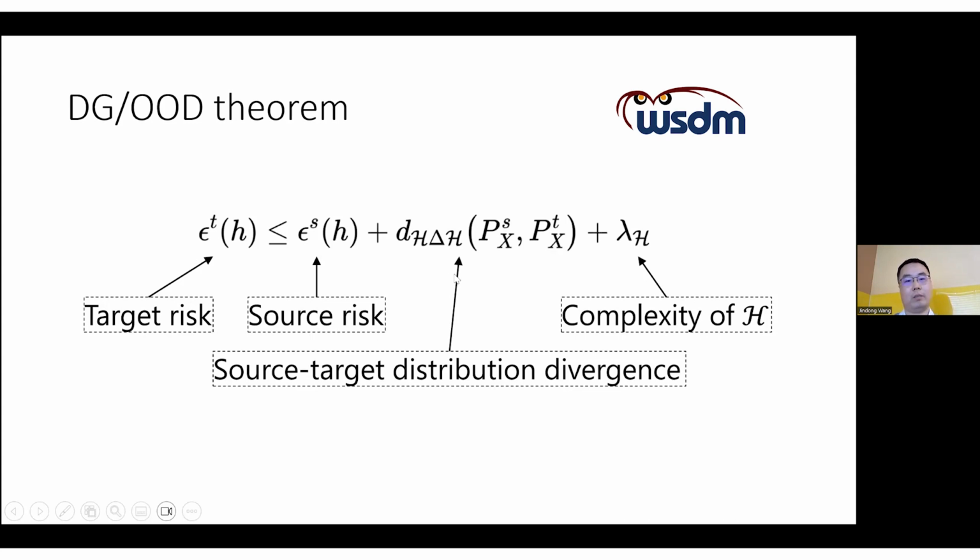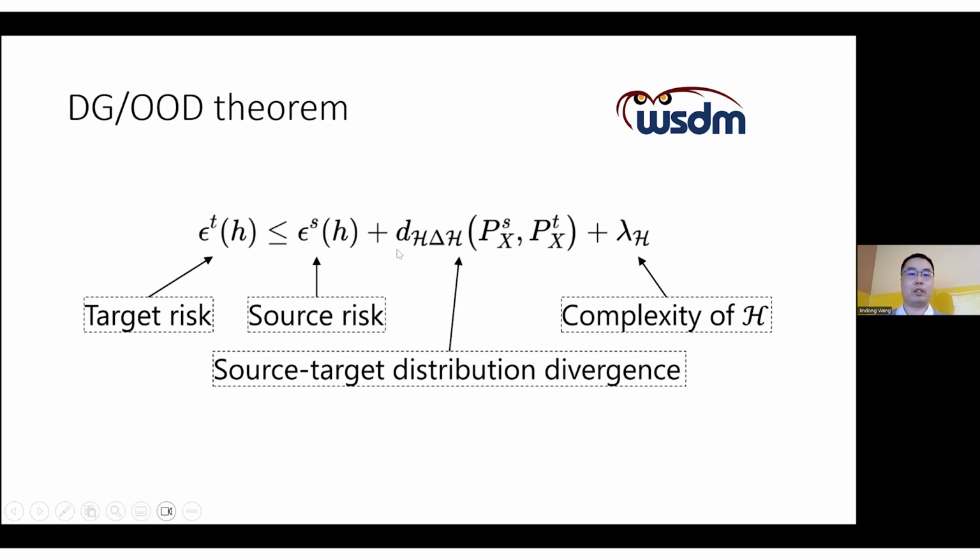The second term, and perhaps the most important term in previous literature, is the source-target distribution divergence, which maybe 99% of the papers are trying to solve. The last term is also largely ignored in recent works. It's called the complexity of the hypothesis space.